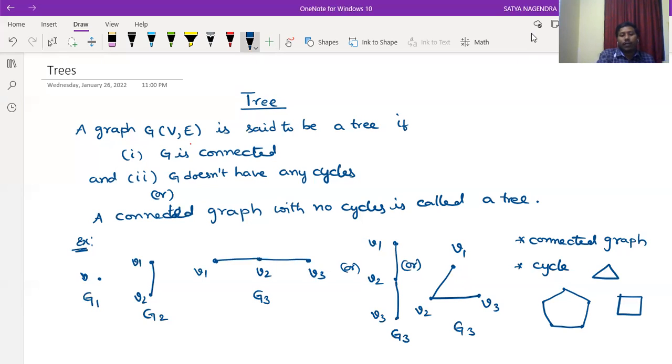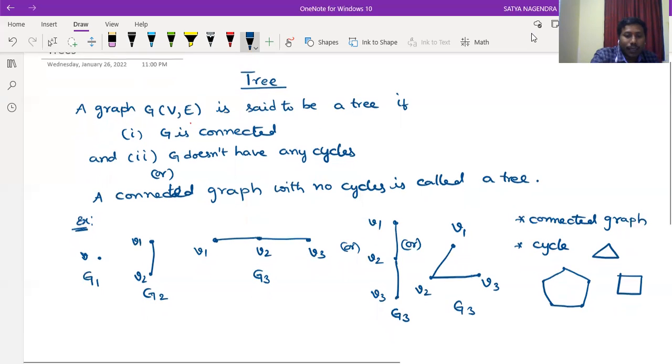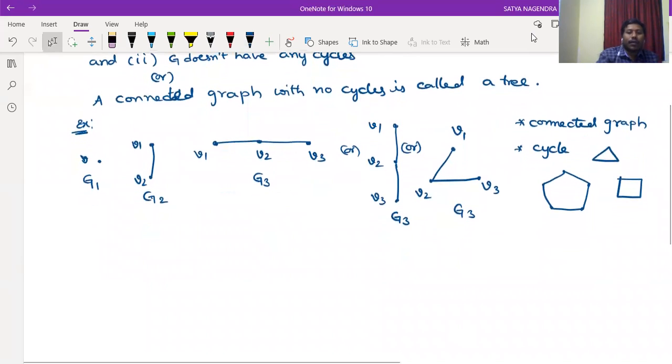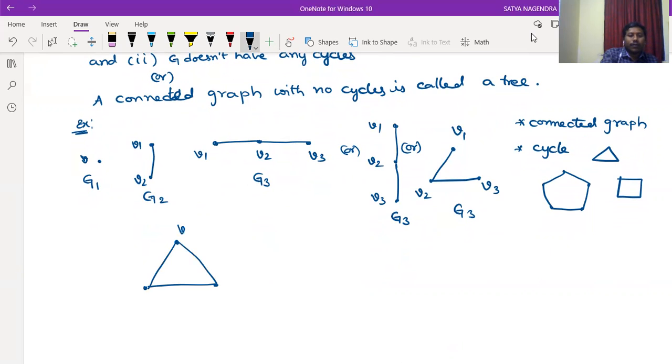You can take a graph with four vertices, which is connected and doesn't have any cycle. You can call it a tree. So you observe here a graph with three vertices, V1, V2, V3. So here also this is a graph with three vertices. Is this G a tree?